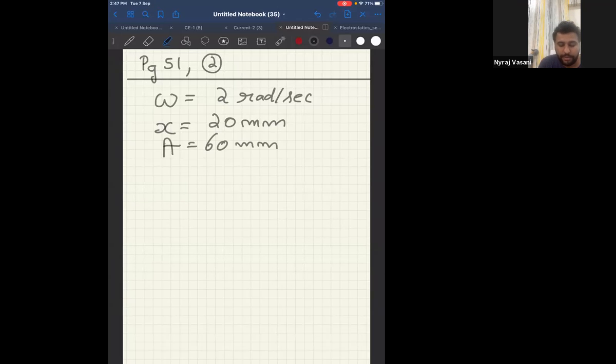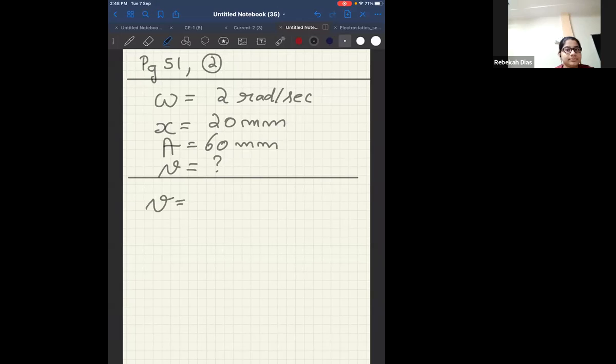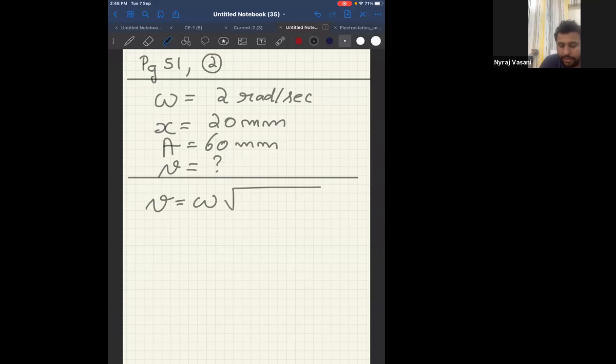Now, what do I want? Velocity. Do I know any formula which has all these terms? General formula V is equal to omega root of a square minus x square. Therefore, V is equal to omega root of 60 square minus 20 square.